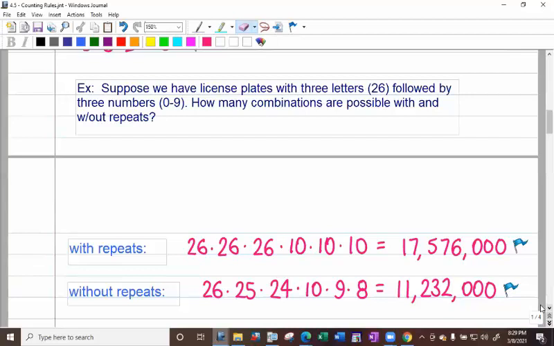Let's look at with. 26 letters, first one. 26 letters, the next one. And then 26, the next one. Then you go over to the digits, the 10 digits. So you go 10, 10, 10. So you multiply those numbers together, and you get over 17 million.